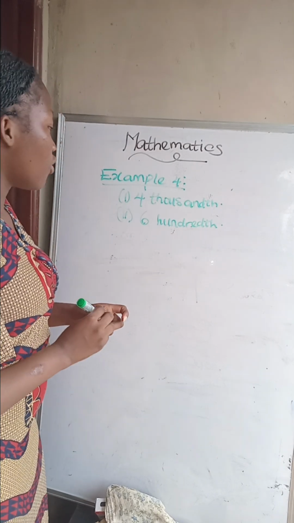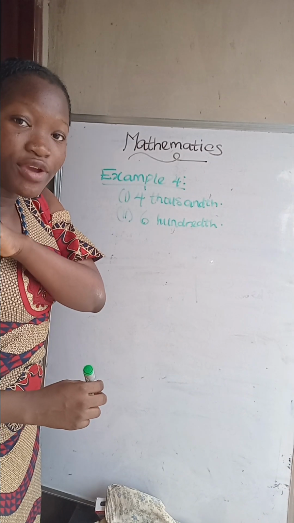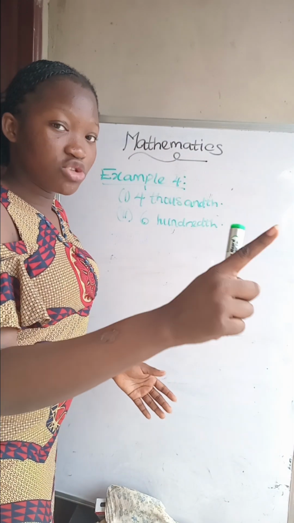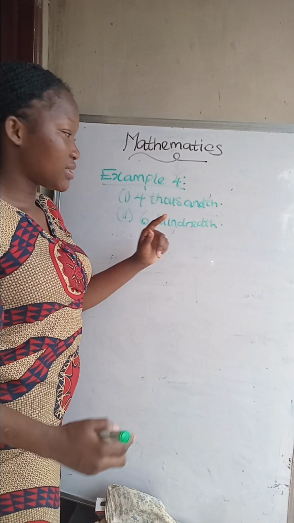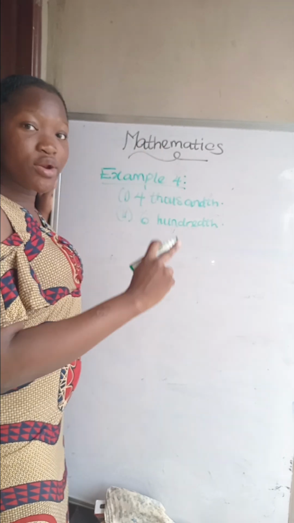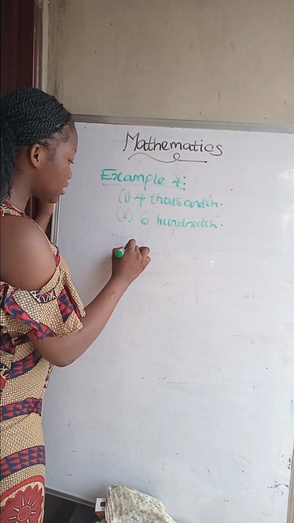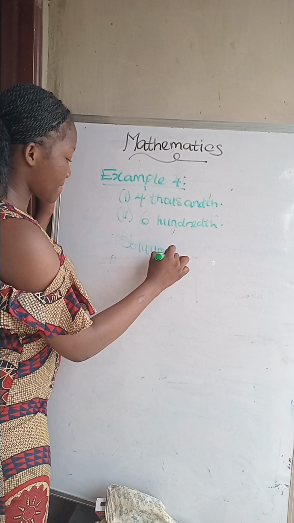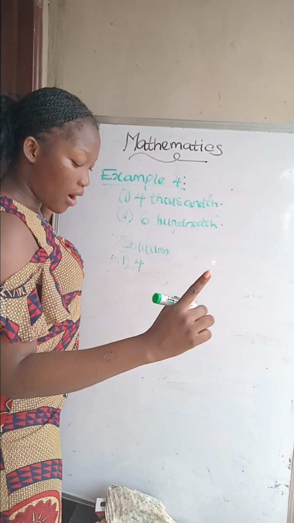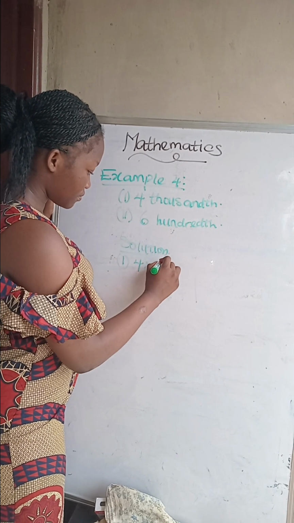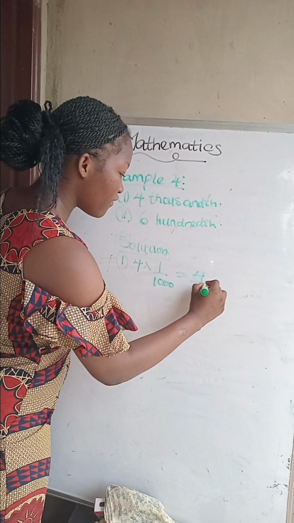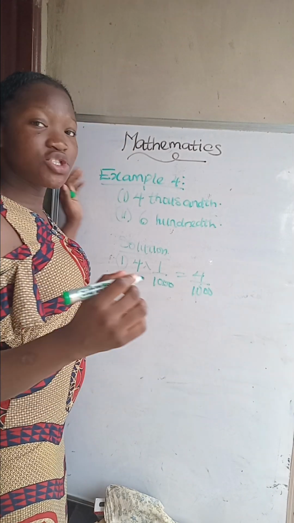In the last one we did, when we saw 300,000, we said 3 times 100,000. Now we have 4 thousandths, and I said thousandth, according to the table, is what? 1/1000. So this is the solution. 4/1000. Now let me teach you how to write this.